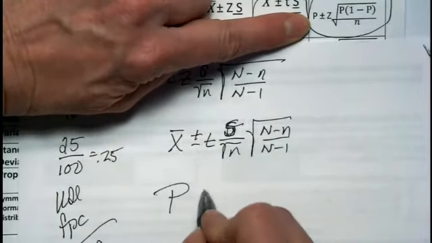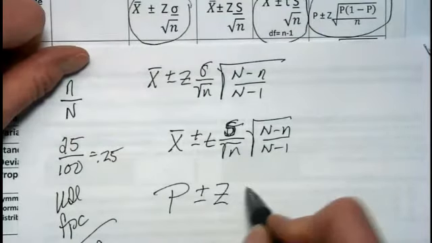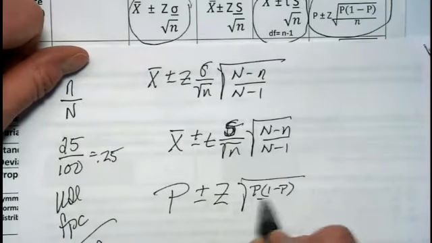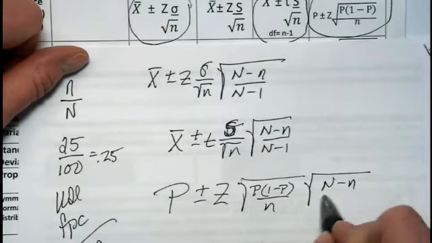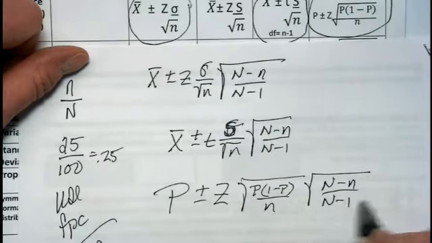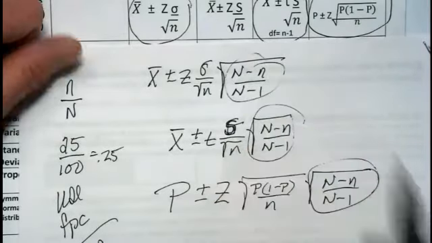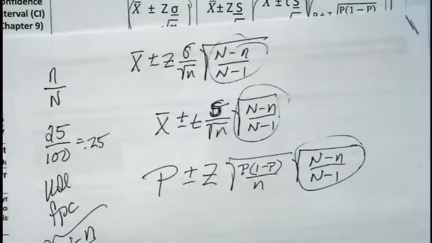If I decide it's a proportion problem, I would attach the FPC to the proportion. And this is the FPC. This is it. And what it does, it reduces the effect of the error. So I'm going to do one problem.